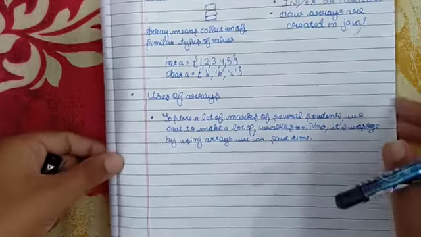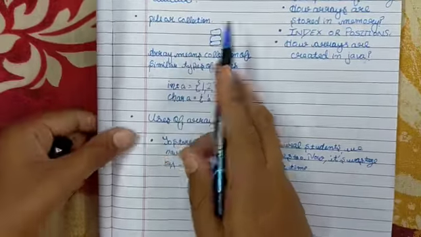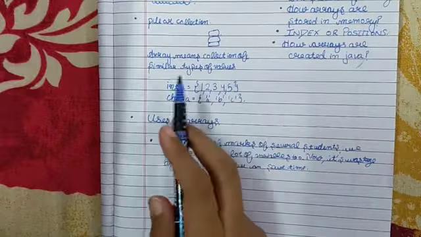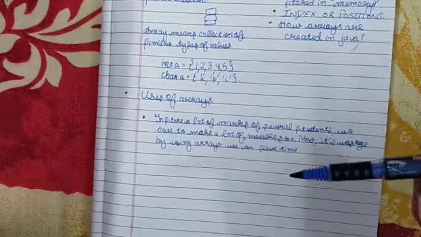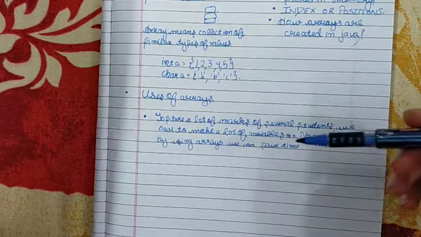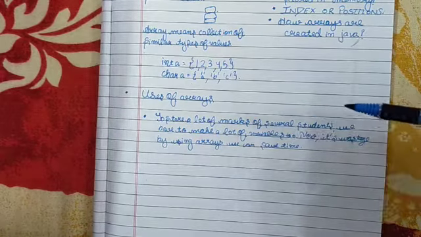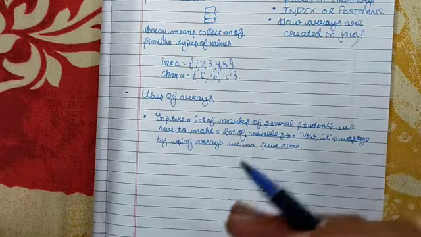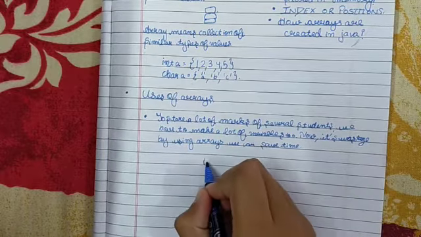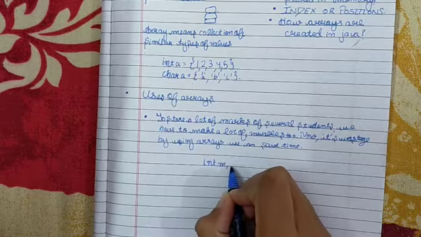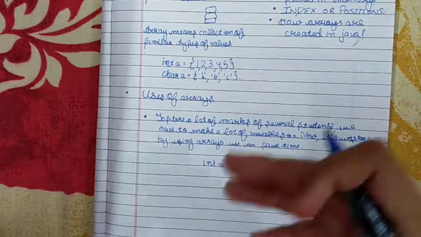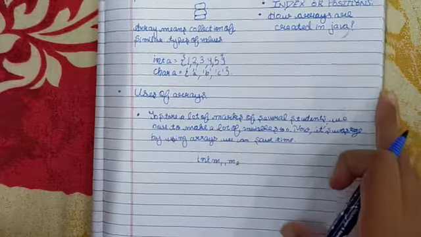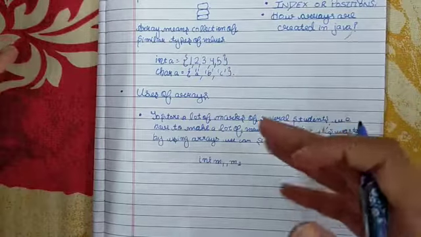Now as again, what are arrays? Arrays means collection of similar type of values. Here, for example, we have to store a lot of marks of several students. We have to make variables again and again, like int m1, m2. We have to make a lot of variables. Now instead of making a lot of variables, we can use arrays.